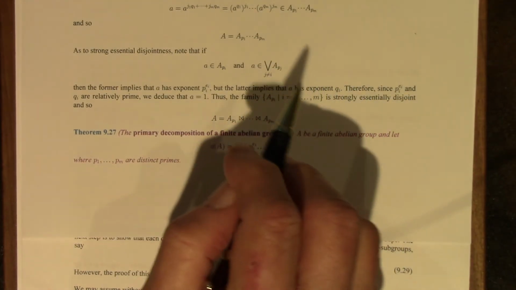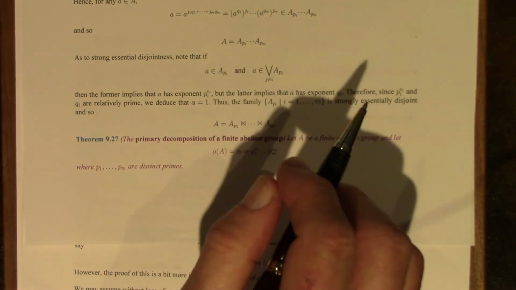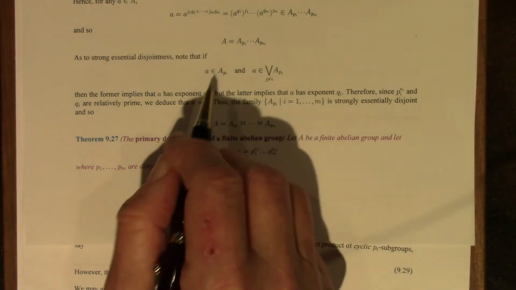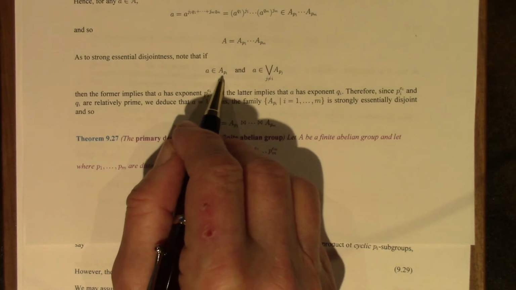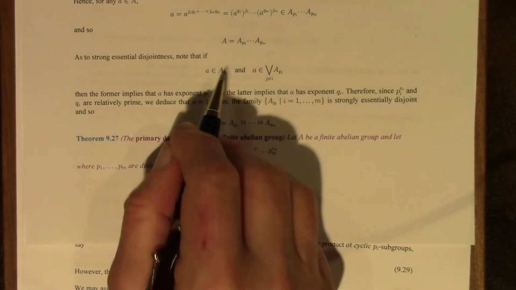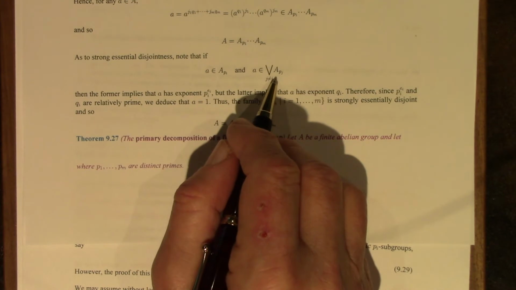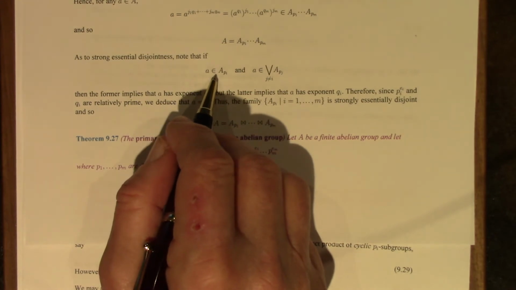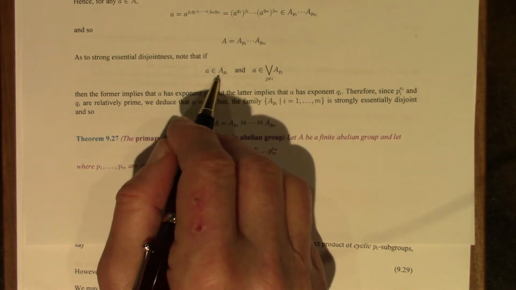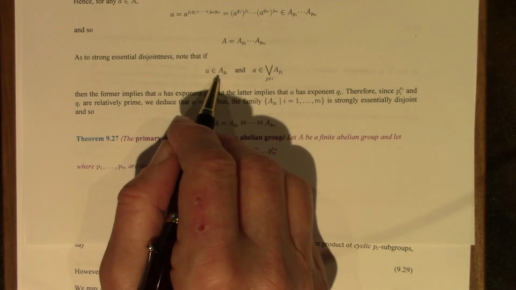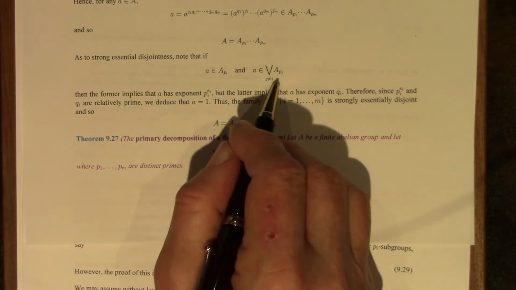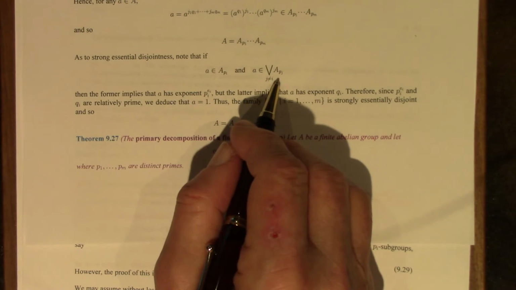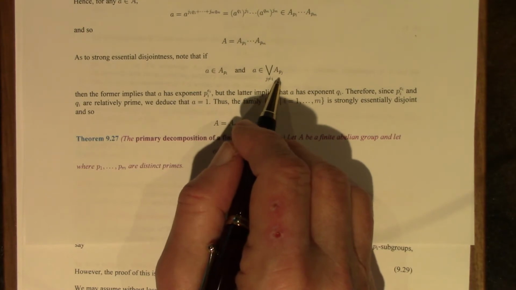Moreover, this set of subgroups is strongly essentially disjoint, because if an element a belongs to Api and also to the join of the other subgroups, then this membership tells us that a has exponent pi to the ei. This tells us that a has exponent qi, but those are relatively prime.